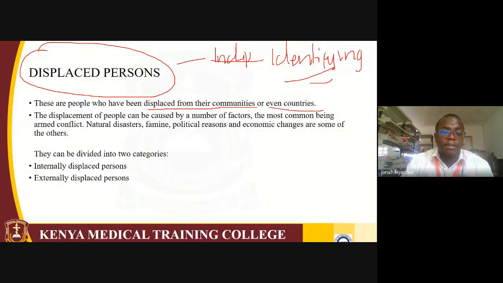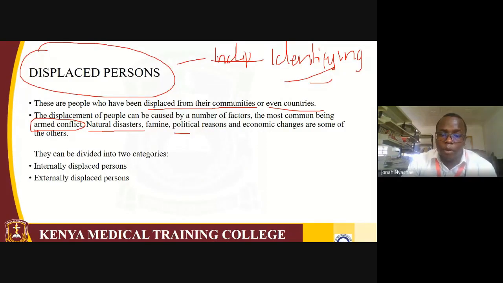You find that the displacement of people can be caused by a number of factors, the most common being armed conflict. We just had post-election violence the other day. People can be displaced because of natural disasters like flooding, volcanic eruptions, or famine.